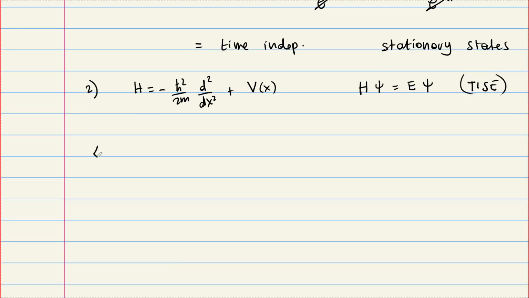Now I want to calculate the expectation value of the Hamiltonian, and our prescription is exactly the same. Write dx, write psi(x,t) star, write the operator you are interested in, and write psi(x,t).